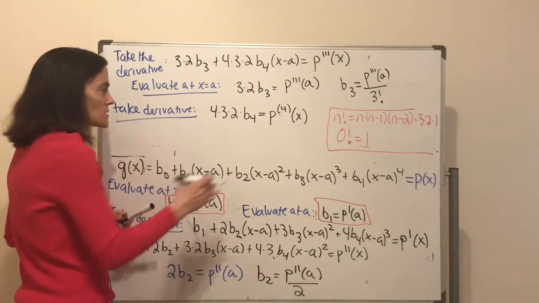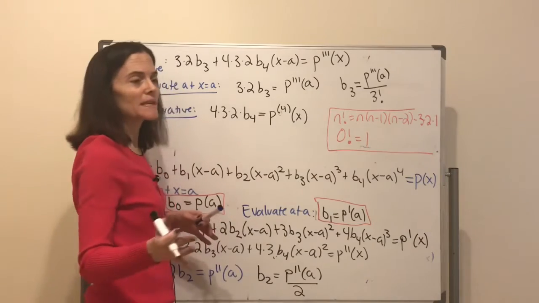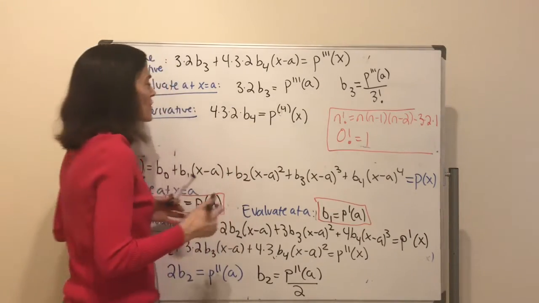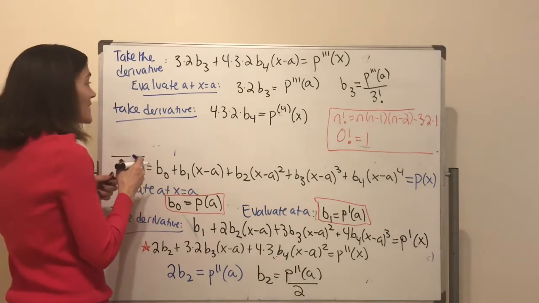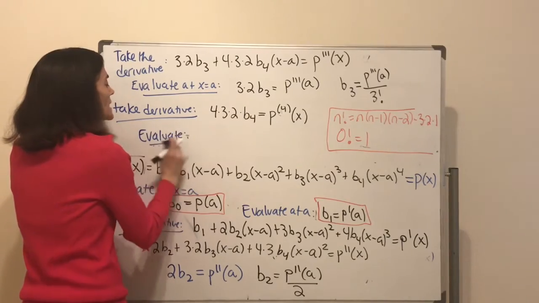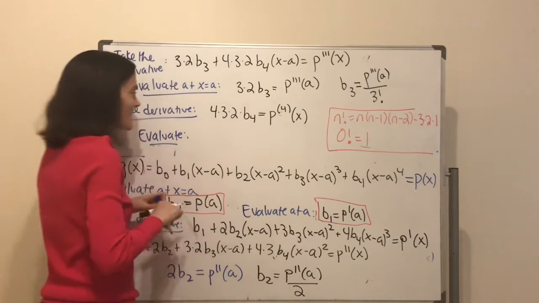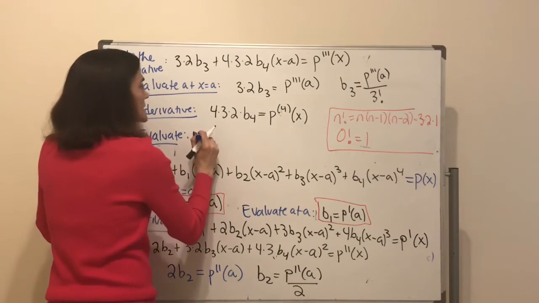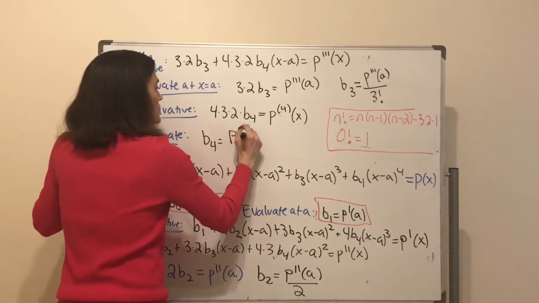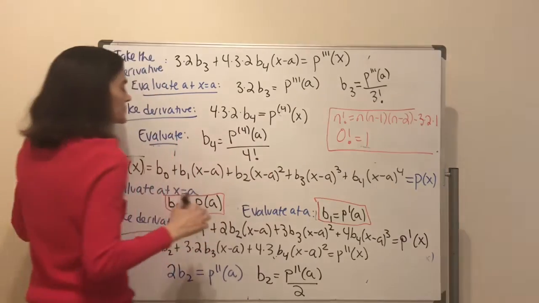If I evaluate at A or at any number, we'd get the same thing, but I'm going to show you the general formula. For example, if I had a degree 5 polynomial, I would have more terms here, and I would need to evaluate at A. Then B4 is the fourth derivative at A over 4 factorial.